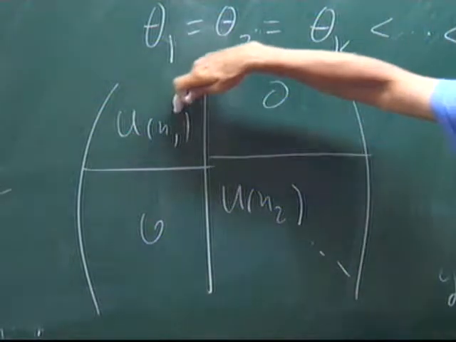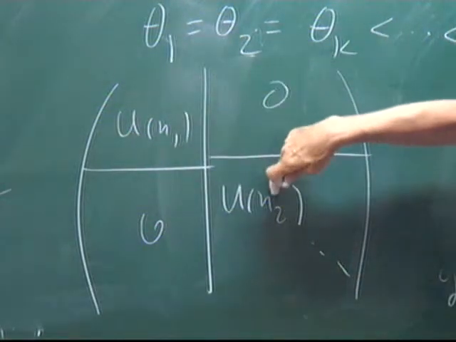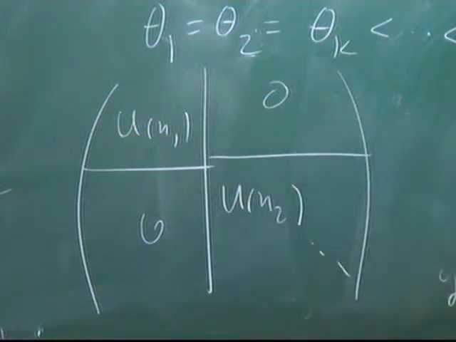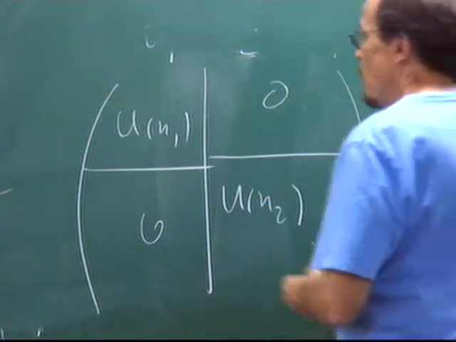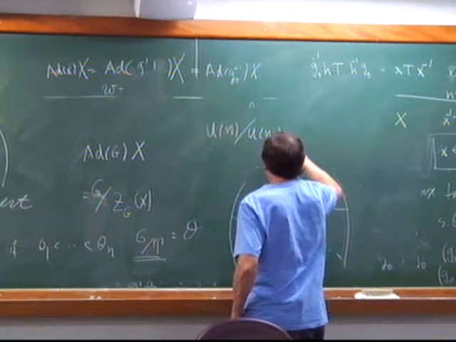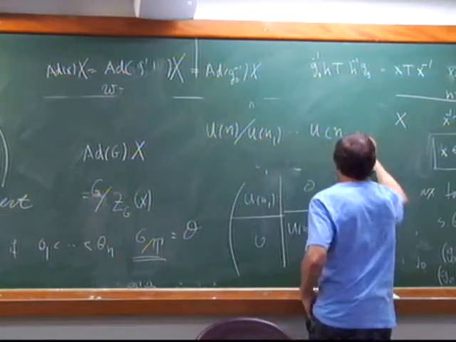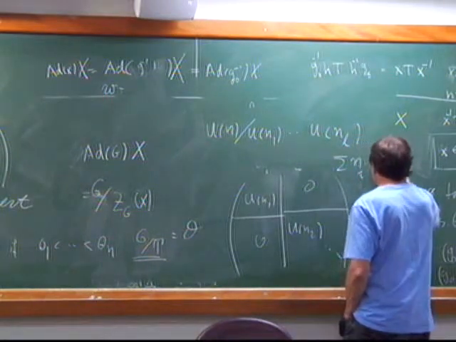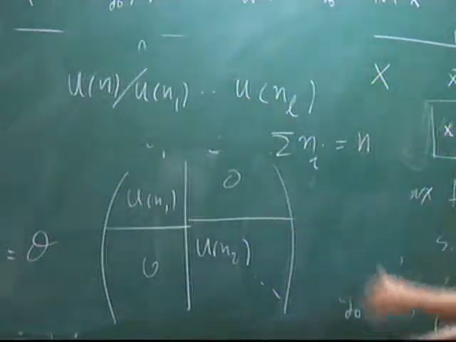So the first n_1 eigenvalues are equal, but distinct from the next n_2 eigenvalues, which are equal. So this has a kind of block form. So the adjoint orbit is U(n) mod U(n_1) × ... × U(n_L), and of course the sum of the n_i must equal n, must add up to the whole matrix.